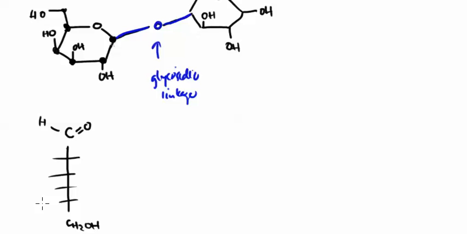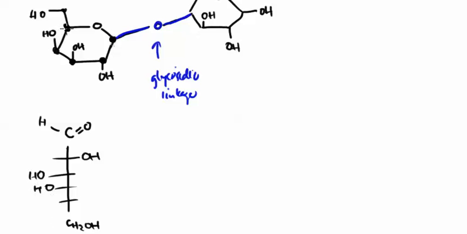I now need to go through, just like before, and look at the OH groups and the positions in which they're pointed. This OH group is pointed down, so that means it goes right-handed. This OH group is pointed up, so that means it goes left-handed. This OH group is up, so it's left-handed.